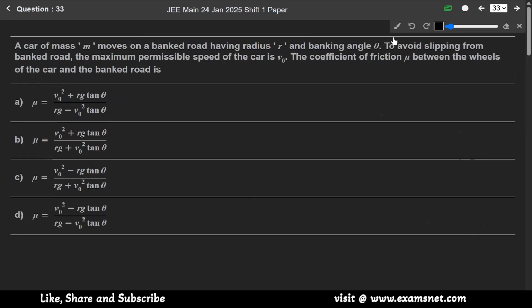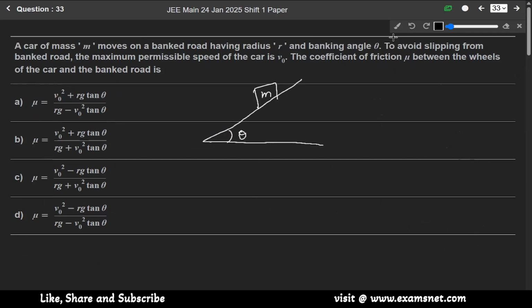Now question 33. A car of mass M moves on a banked road having radius R and banking angle theta. So a car is moving on a banked road. The angle is given as theta. Let us say this is a car and it is having a mass M. So to avoid slipping on the banked road, the maximum permissible speed of the car is V0.